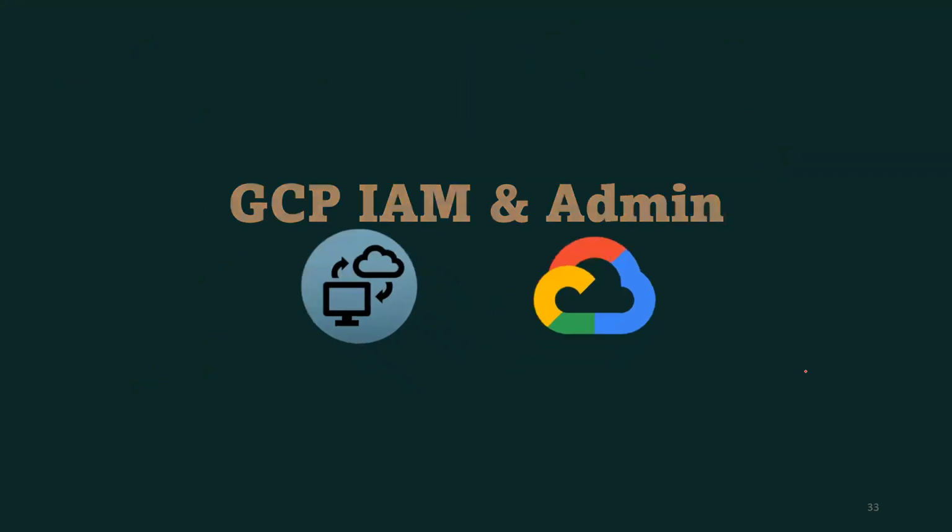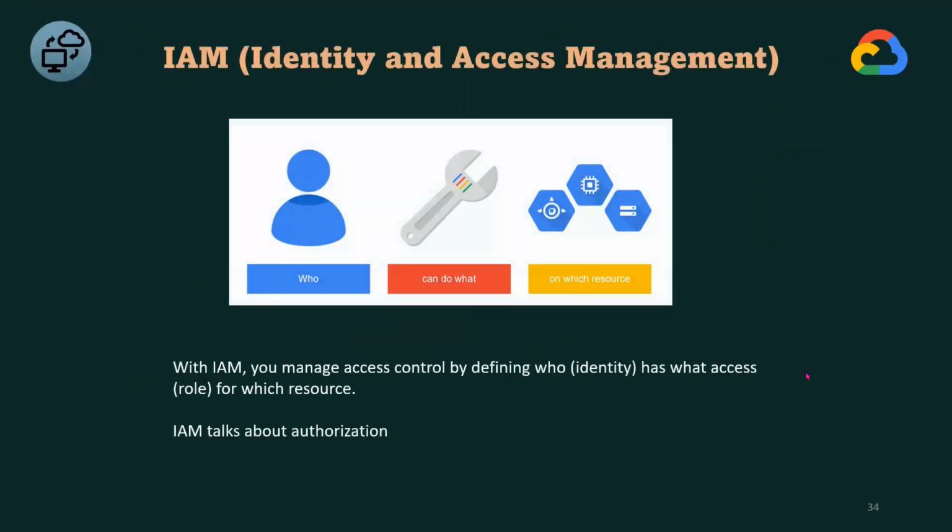Okay, so if you see here, IAM is nothing but Identity Access Management. What is identity, sir? It's nothing but you and me or some account. Identities are provided access. Managing these two things is nothing but management.